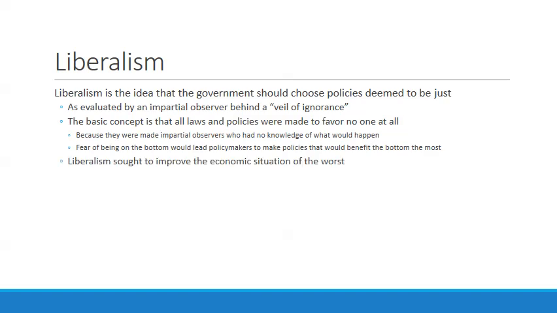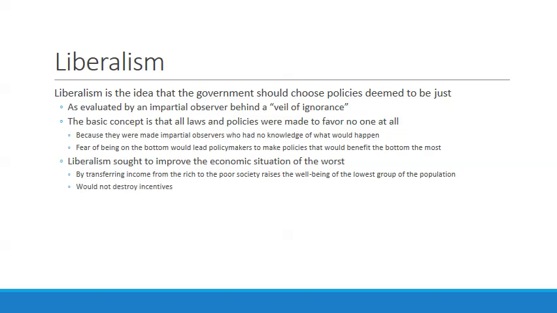So liberalism sought to improve the economic situation of the worst. So notice with utilitarianism, they sought to just create equality for everyone across the board. Liberalists, on the other hand, wanted to focus specifically on the situation of the worst and improve the worst in society so that their condition would improve. So by transferring income from the rich to the poor, society raises the well-being of the lowest group of the population. And it would not destroy the incentives, because people could still get rich.